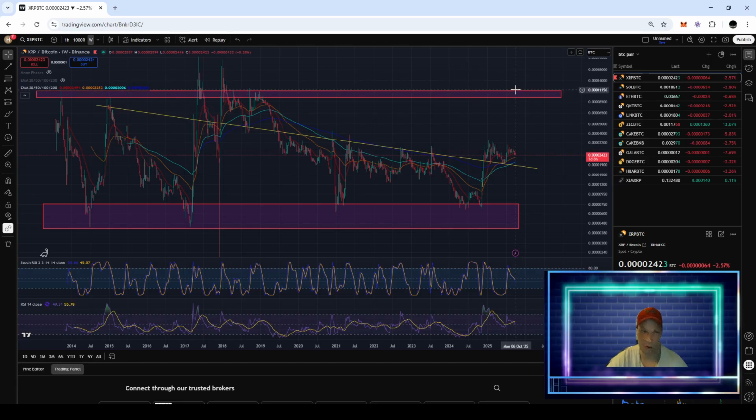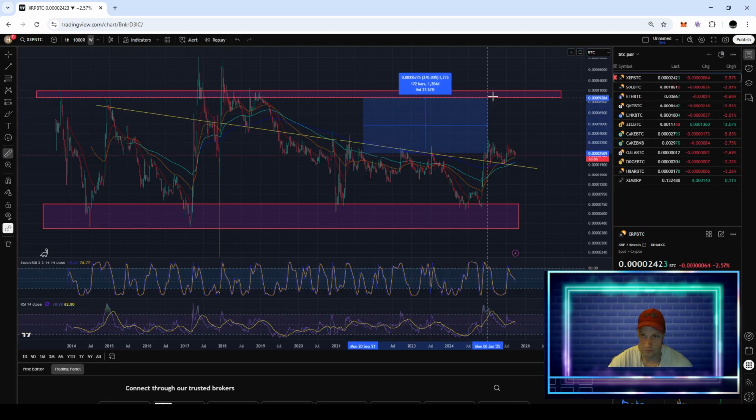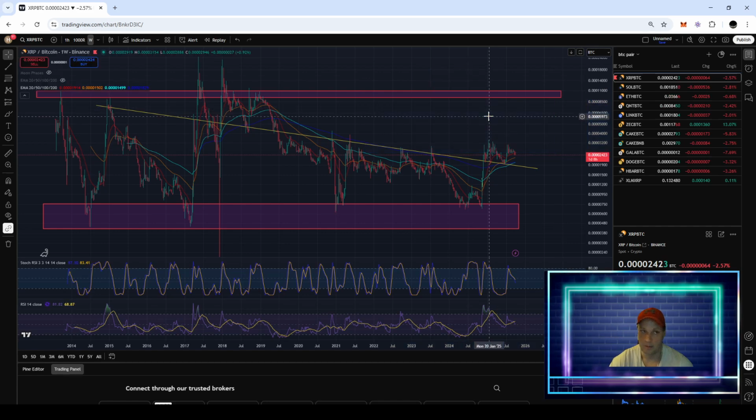Why is it so important to identify this? Because, let me get the drawer out here, it's 300% here, or 320% if you're touching this upside liquidity against Bitcoin. That means if Bitcoin would stay the same and we touch this area here, you're looking at a $9 XRP.